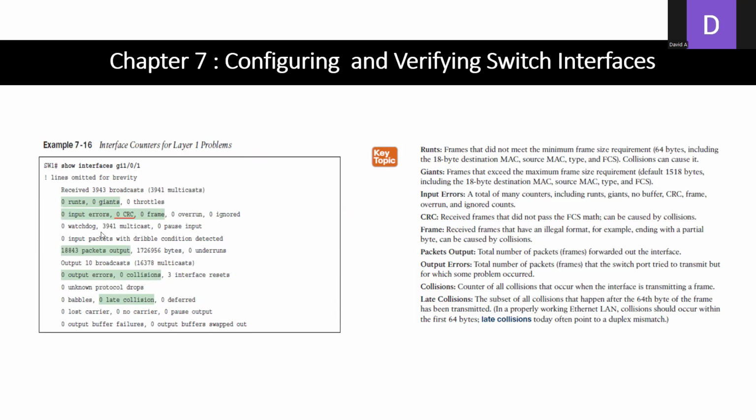We see the term and a number associated with it. This is the error count, and that's the number associated with it. The numbers of input and CRC errors are just a few counters in the output of the show interfaces command.